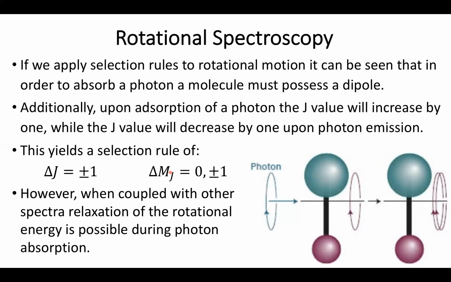It is possible for my J to not change if I have my molecule relax in some other direction, specifically if I have involvement of electronic energy. But one of the most frequent things that we may end up having is that if I have a relaxation of my higher energy vibrational spectra, my rotational value can still go down because I will have relaxed that conservation of energy.